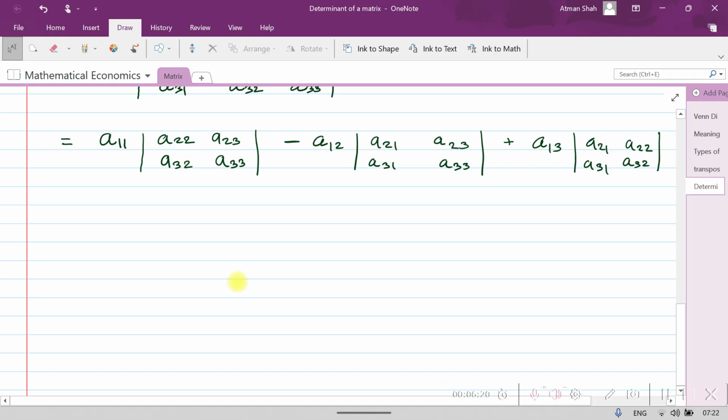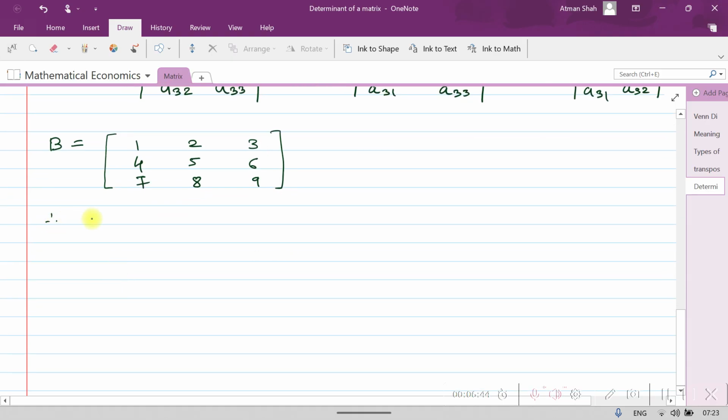Now let's understand this with the help of an example. So suppose we have matrix B which is equal to [1, 2, 3; 4, 5, 6; 7, 8, 9]. So therefore the determinant of B is |1, 2, 3; 4, 5, 6; 7, 8, 9|.